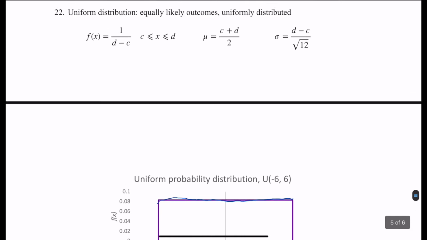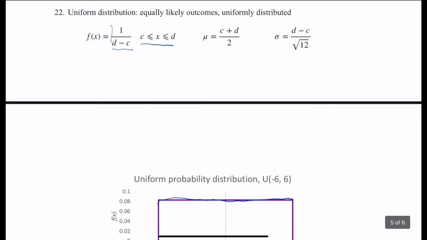And for uniform distribution, you need to notice that there's a range for the random variable. You have to specify a range. Otherwise, you cannot calculate its probability, right? Once we have the range, because every outcome is equally likely, it is easy for us to calculate its probability.